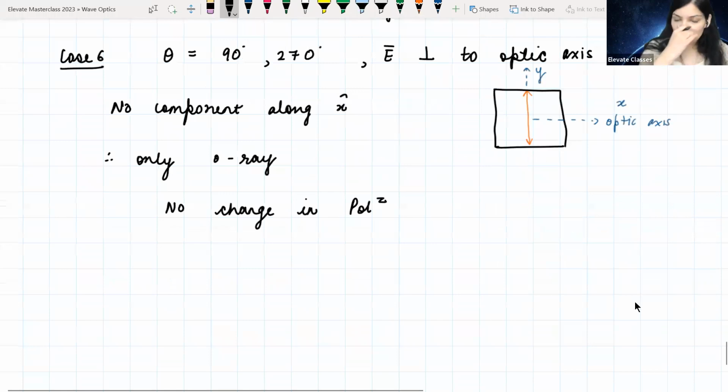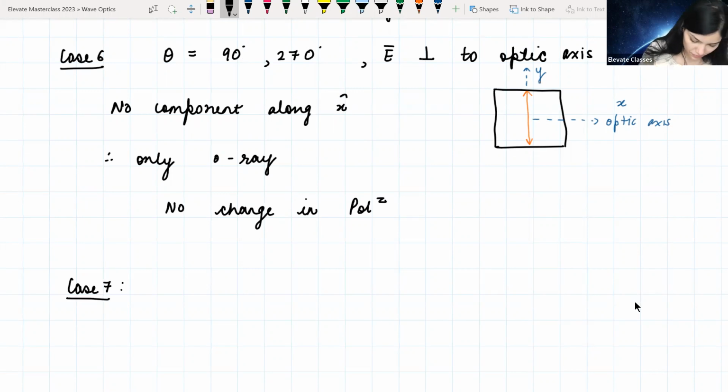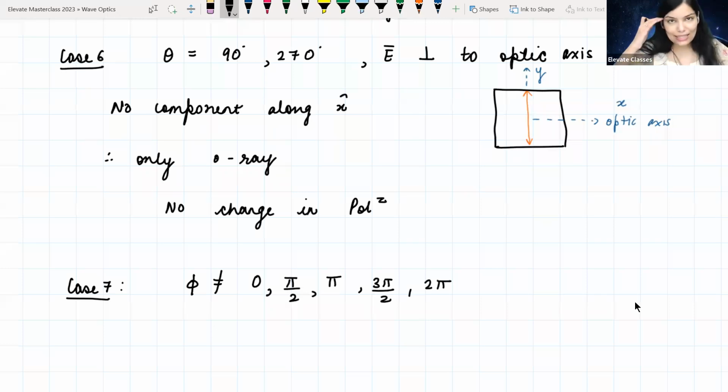Okay, so this is just similar to the previous case. Now case number 7 and the last case is that this phi is actually not equal to 0, pi by 2, pi, 3 pi by 2 या 2 pi. इनमें से कोई value नहीं है, but it has any other value.